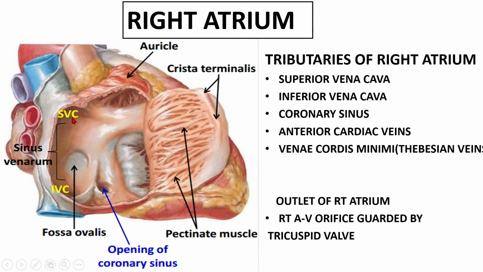Now, the various tributaries which open in the right atrium are the superior vena cava, inferior vena cava, coronary sinus, and the anterior cardiac veins, which open in the anterior rough part. All the rest of the veins open in the posterior smooth part. And another major opening is the opening of the right atrium into the right ventricle, guarded by the tricuspid valve.